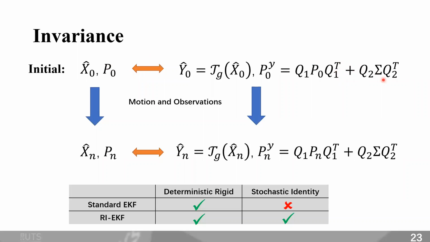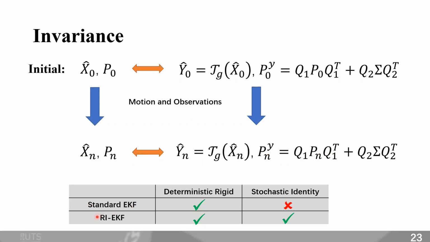Yeah, and x hat n and P n are the estimate and the covariance matrix at step n, right? Right. So that's from something like a Kalman filter. No, this is from the SLAM system. The SLAM system should have these good properties.